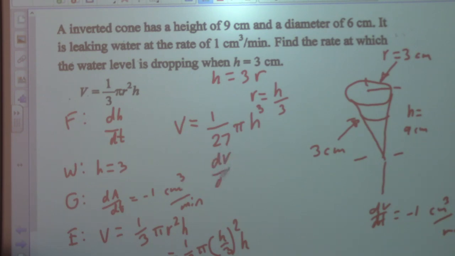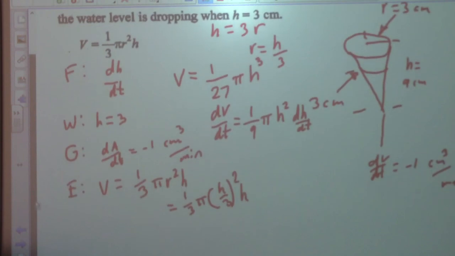And so now, to take the derivative, what's that going to be? dV/dt is equal to 3 times that, so that's 1/9 pi h squared dH/dt. And now we can plug in for h, can't we? What's h going to be? When h equals 3, h squared is 9, right?